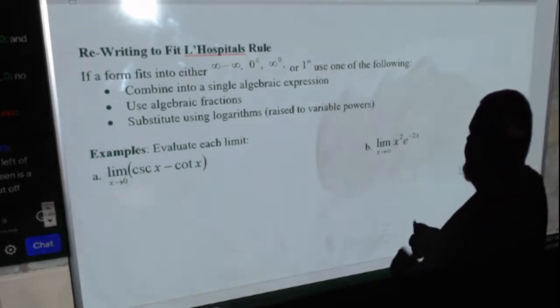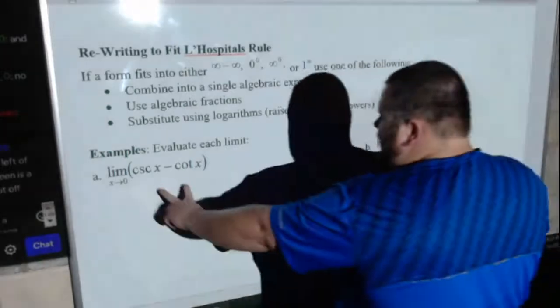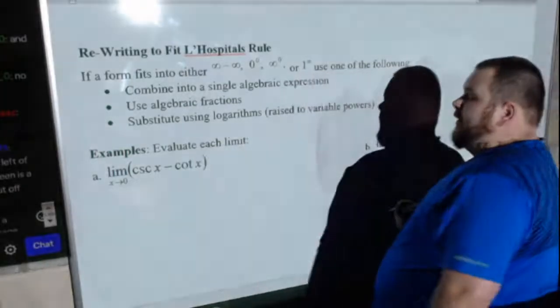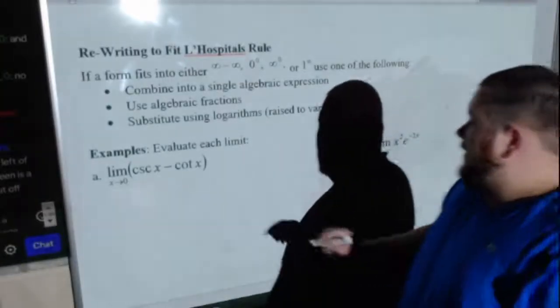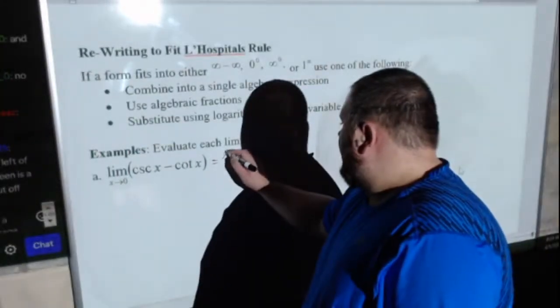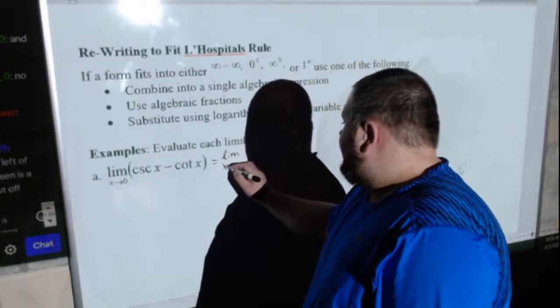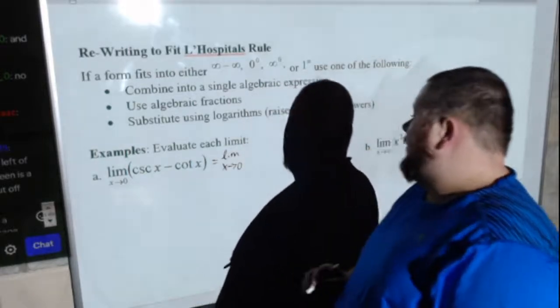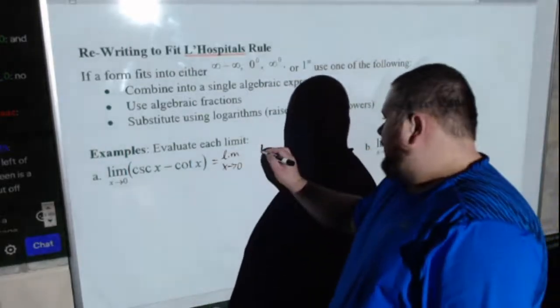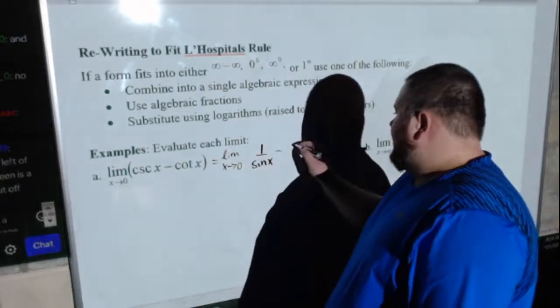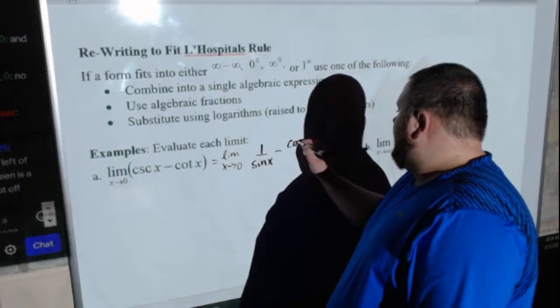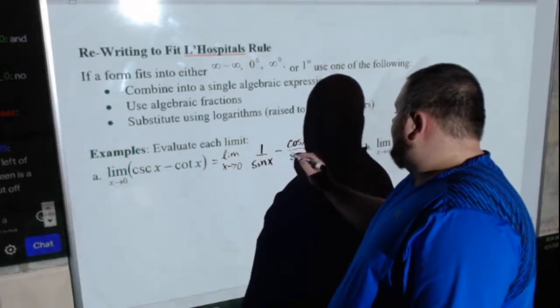So you might not recognize what these two functions do at 0. But if we rewrite them as their counterparts for trig, this is 1 over sine minus cosine over sine.